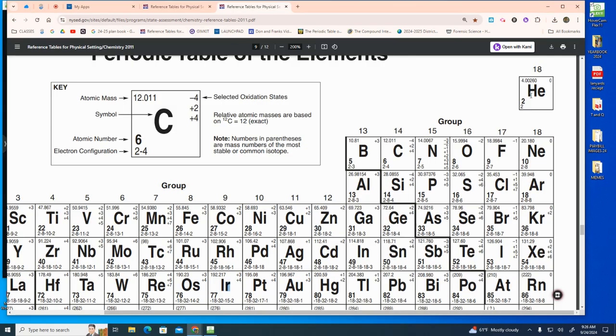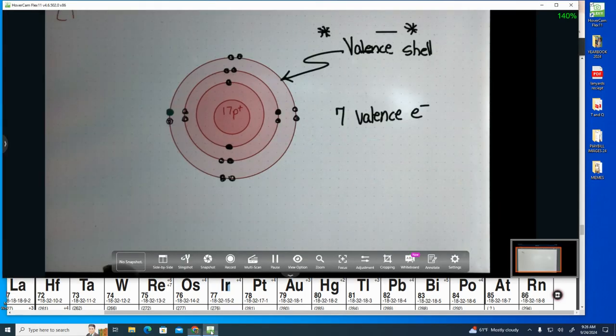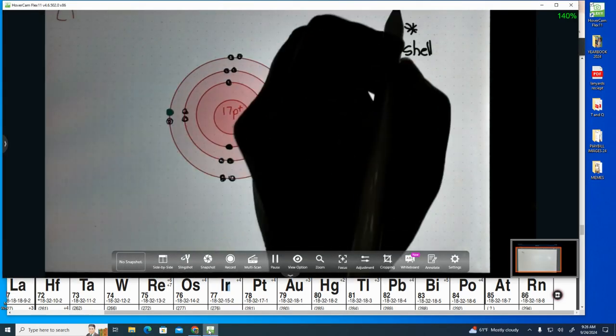No. So because it's so close to having a full valence shell, chlorine is going to go out and find somebody who's willing to give away their electron. And when they do that, that electron, I'm going to make the electron green, is going to go right there. The only reason I'm making it a different color, hold on, it's coming. Oh, you can't even see that it's a different color.